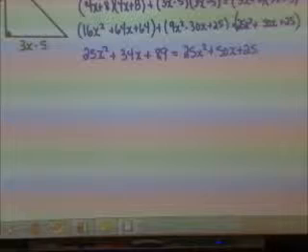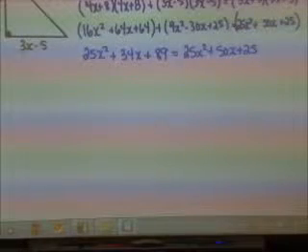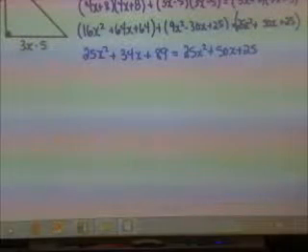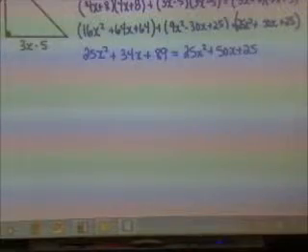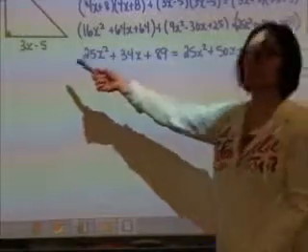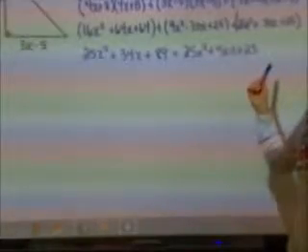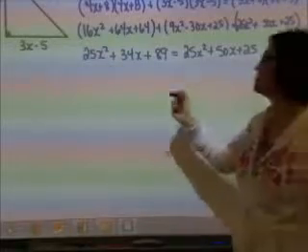Sorry about that. What's going to happen to my 25x squareds? They're going to cancel each other out. If I have 25 on this side and 25 on that side, they cancel each other out.